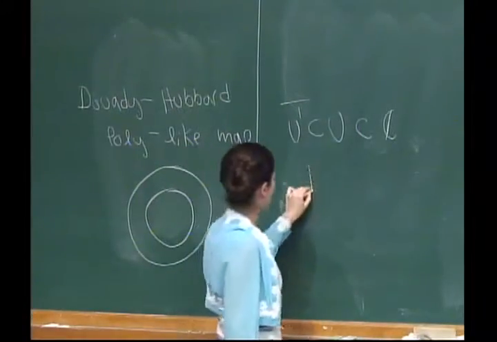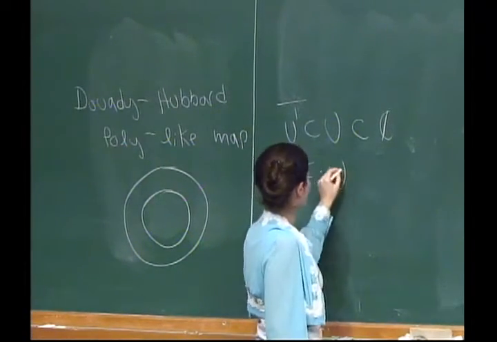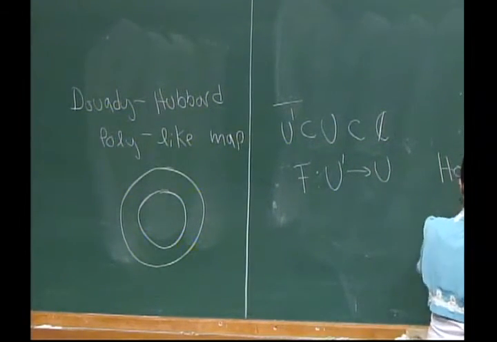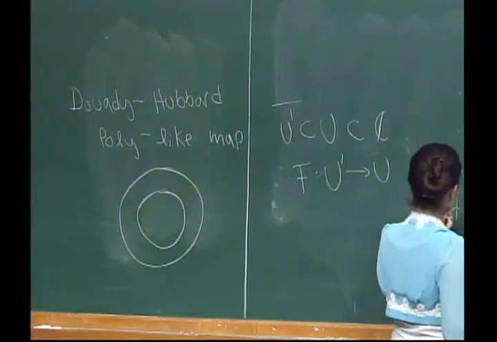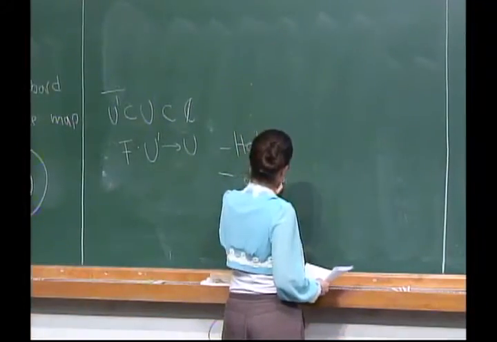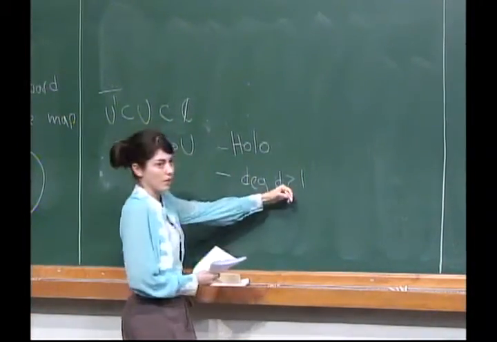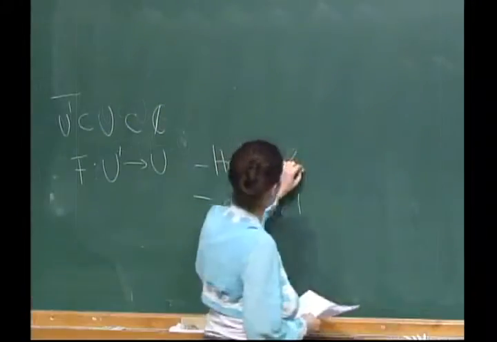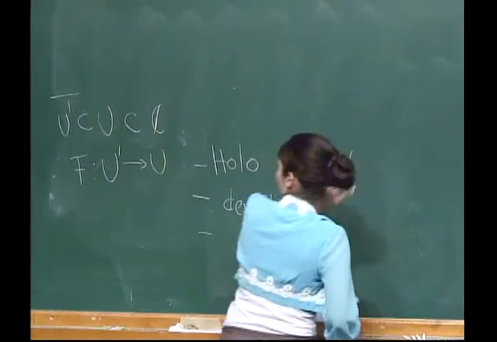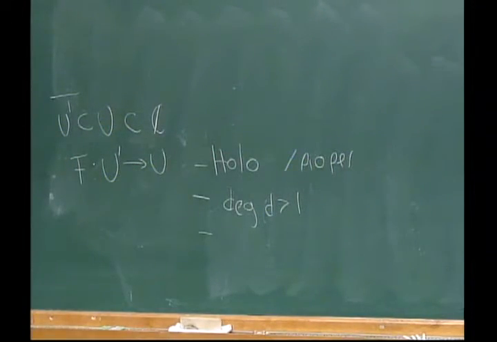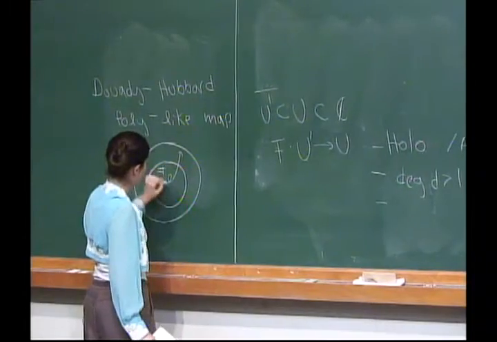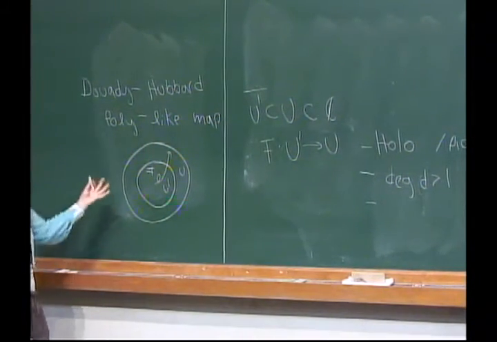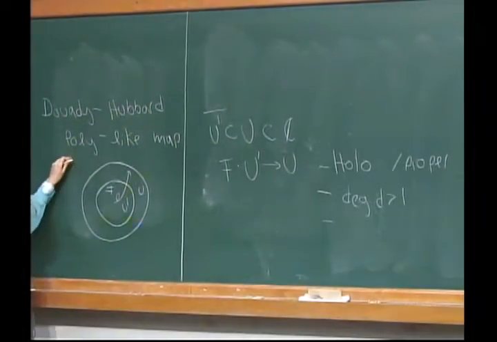And then you have a map, F, that is going to map U prime into U holomorphically as a degree d cover of degree bigger than 1, and it's a proper map. So it's nothing else but a map. There'll be some F here. This is U prime, and this is U. Yeah. So this is the basic idea of what a polynomial-like map is.